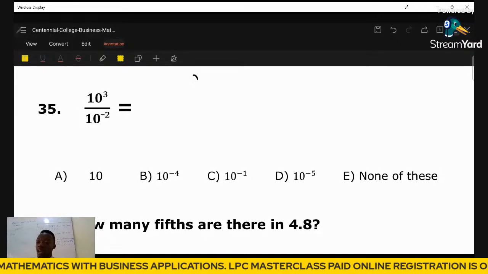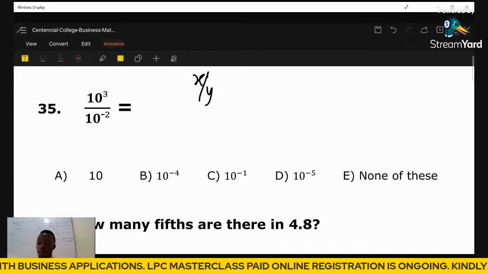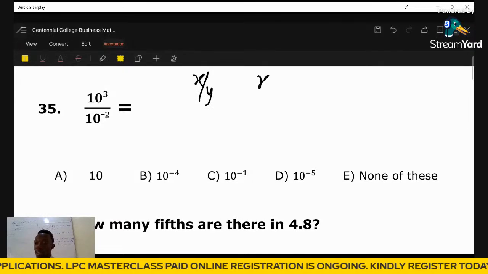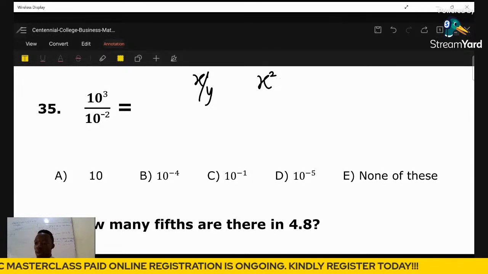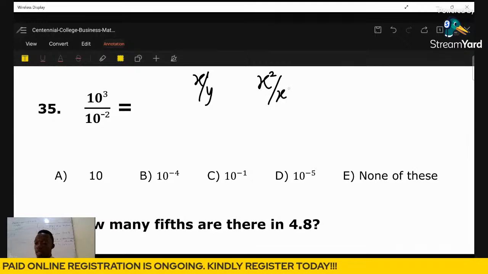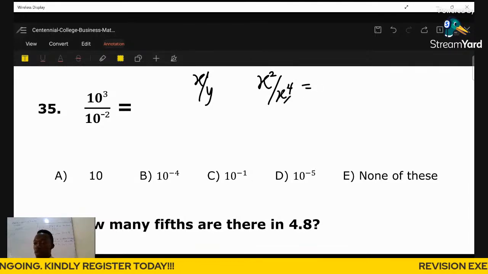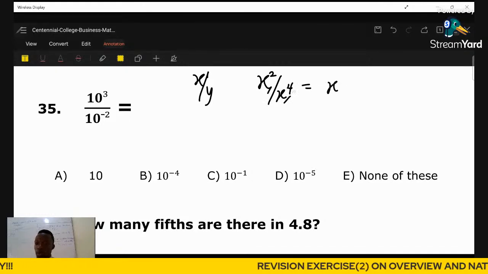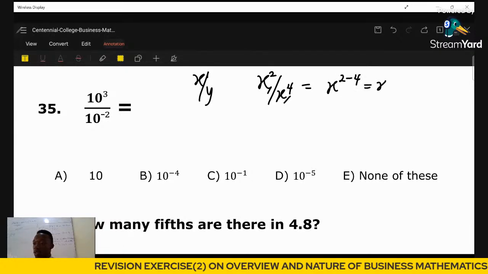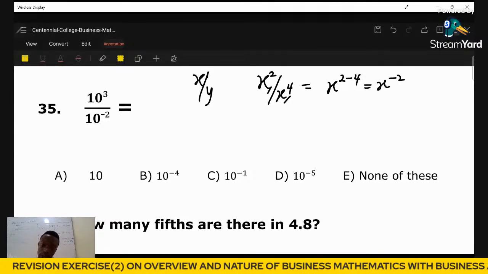So when I have, say, x to the power of 2 divided by x to the power of 4, since they have equal base x, I'll subtract the denominator, 4, from the 2. So that becomes 2 minus 4. At the end of the day, I'm getting x to the power of negative 2.